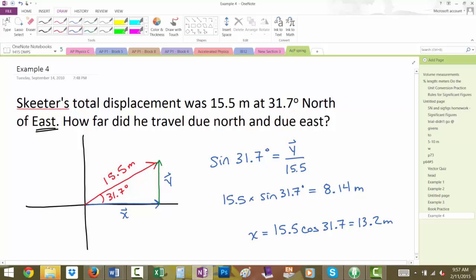So we'd say 8.14 meters north and 13.2 meters east. All right. Now, we have a choice. We can either do another book problem that's very simple and looks like this, or I can throw you at a problem that's a little bit more challenging, but I think you're ready for.